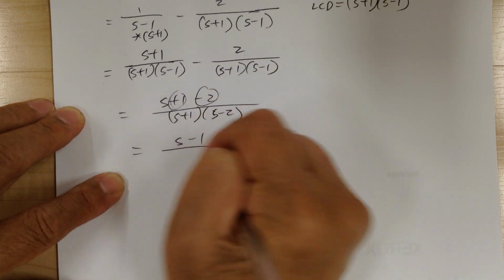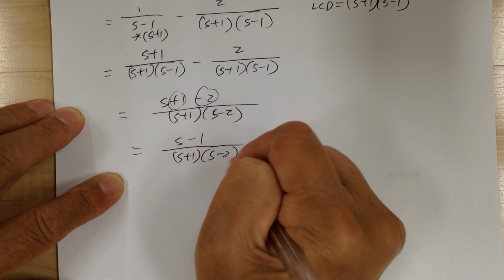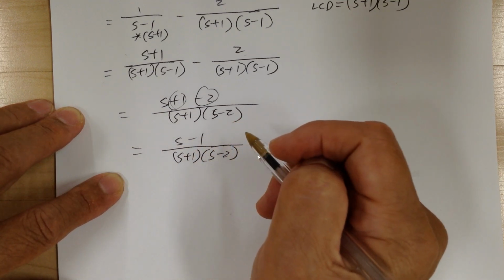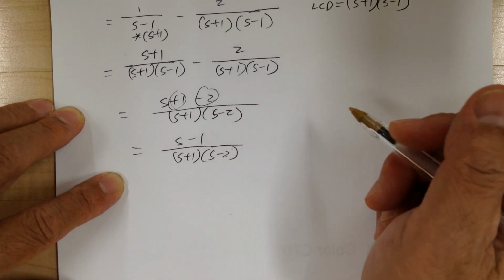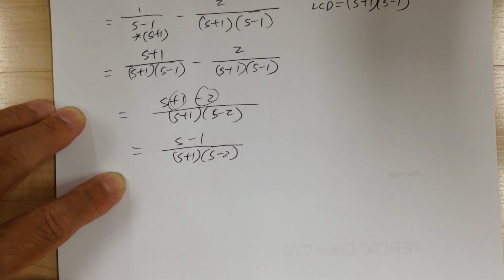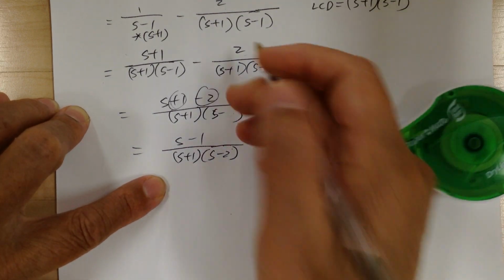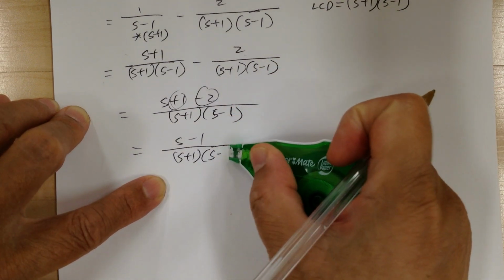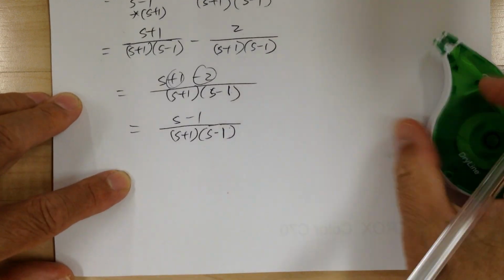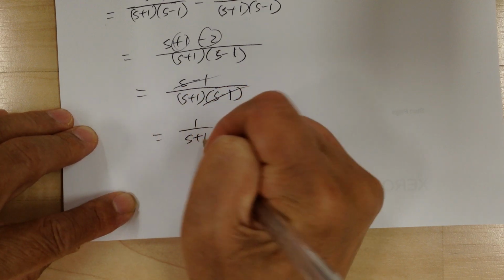You've got (x minus 1) over (x plus 1)(x minus 1). Be careful with copying. So you've got x minus 1 over x minus 1, and this will cancel out. This will equal 1 over x plus 1.